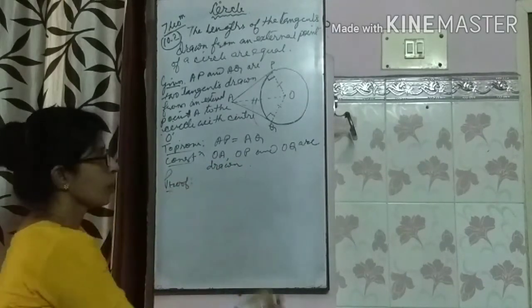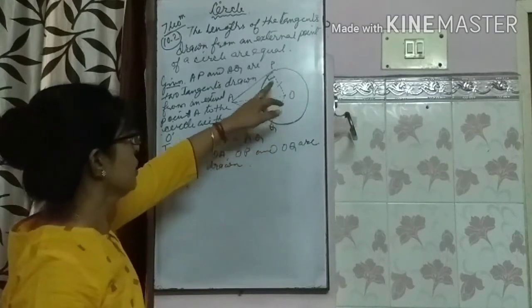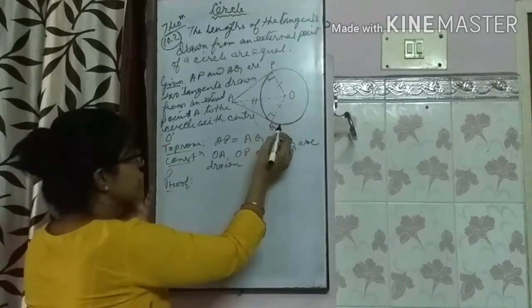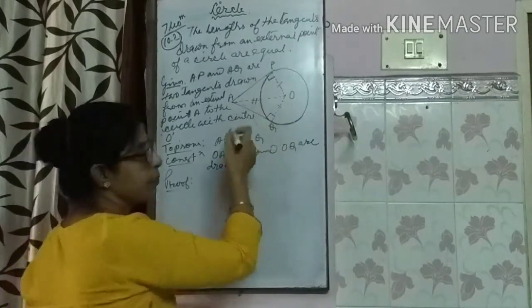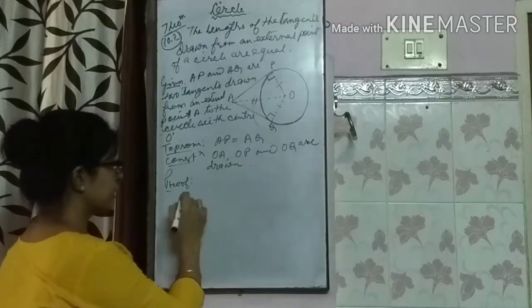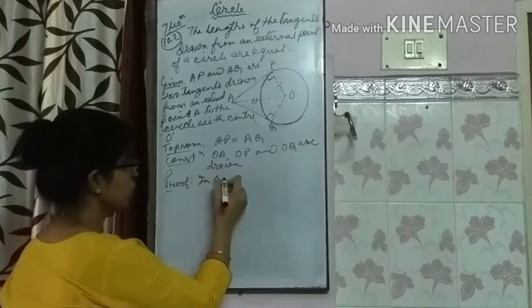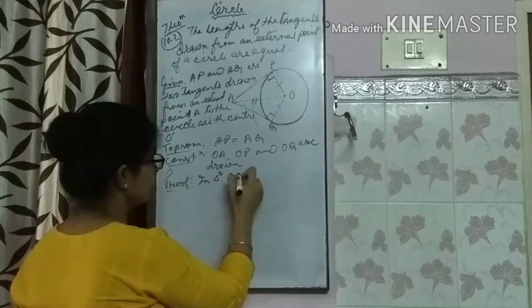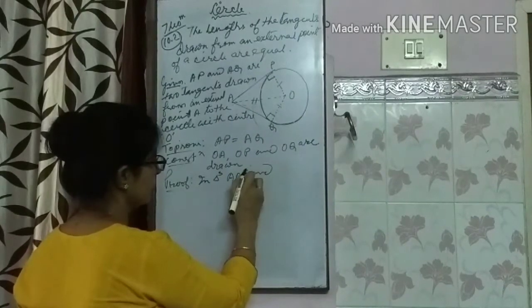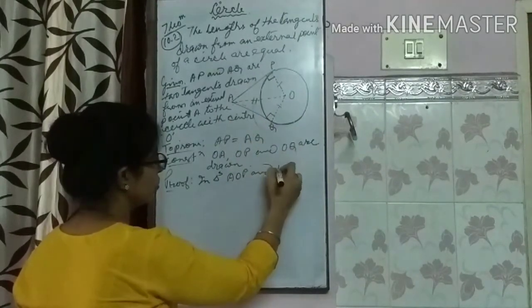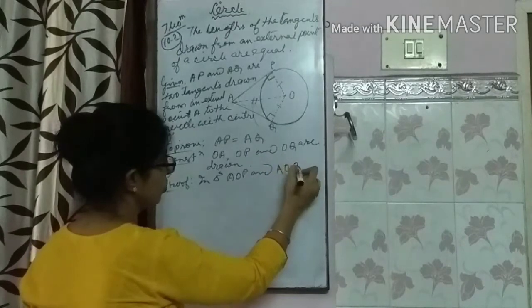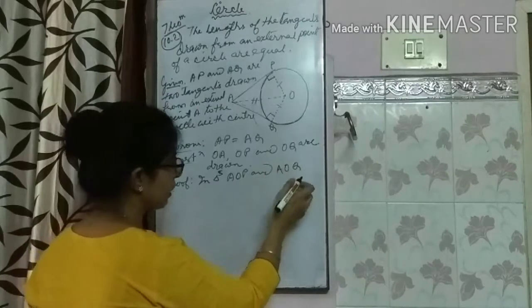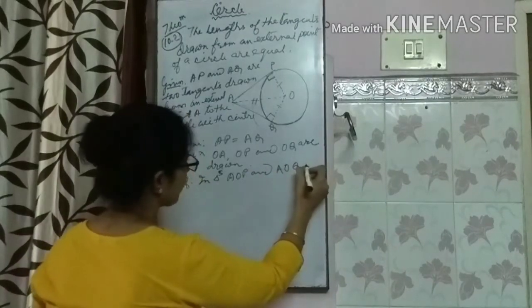Proof. So I told you earlier, after making the two triangles, it becomes easier for us. So always make a habit of marking the sides and angles. In triangles AOP and AOQ, here I have marked triangles, so you do not need to put the triangle symbol.